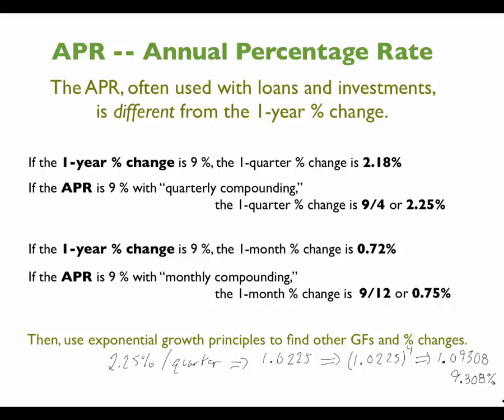So, does it make sense? All right, so find the true percent increase when it's 9% with monthly compounding. So now this is just like all the examples we did before with percent change and factors.